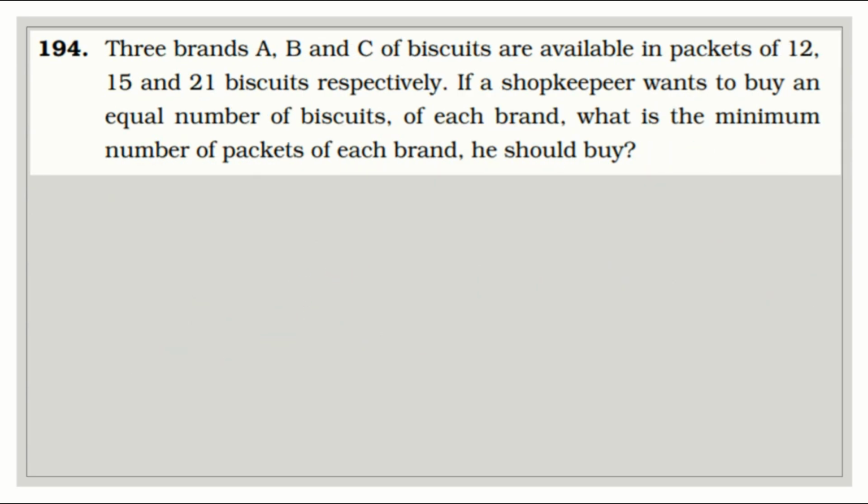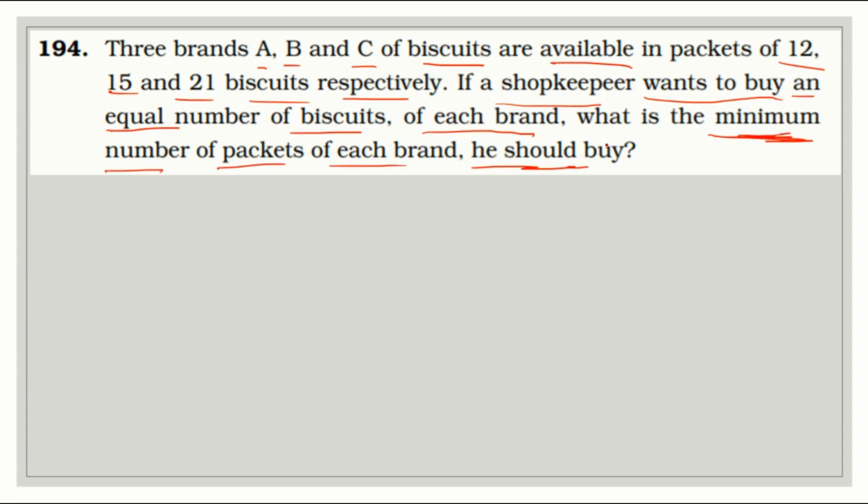Coming to question number 194. 3 brands A, B, C of biscuits are available in packets of 20, 15, 21 biscuits respectively. If a shopkeeper wants to buy an equal number of biscuits of each brand, what is the minimum number of packets of each brand he should buy?